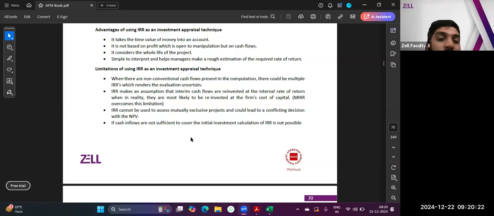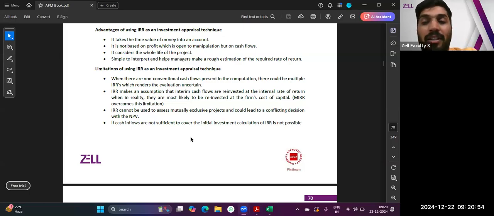And if you're doing two mutually exclusive projects, obviously the rate of comparison and everything may not be the same, so you need to deal with them accordingly. Now, if the cash flows are not sufficient to cover the initial investment, that means if your NPV is less than zero, then you cannot calculate an IRR, because then there is no return technically.